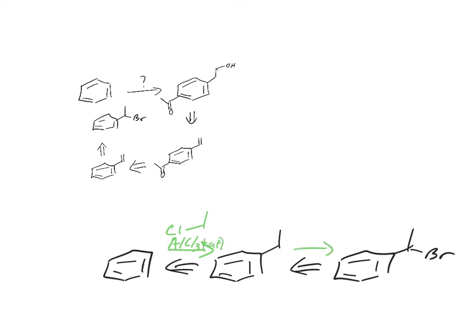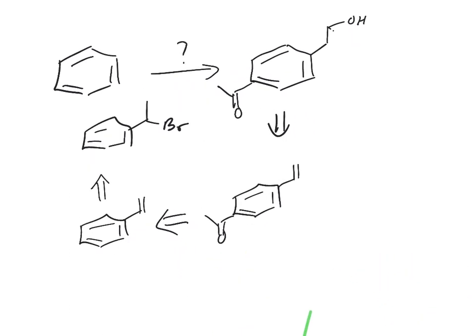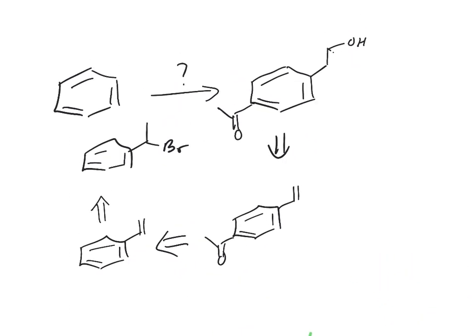Here I need bromination, so that's NBS in the benzylic position. If I zoom back in over here, I need a large bulky base, maybe something like LDA, lithium diisopropylamine.